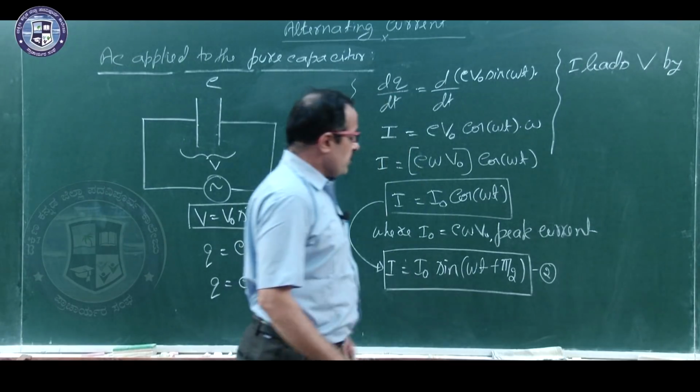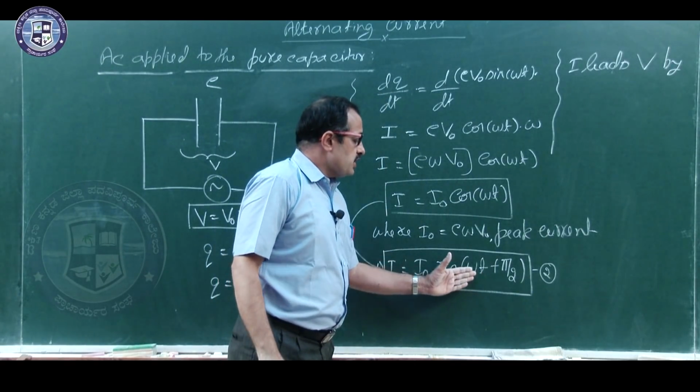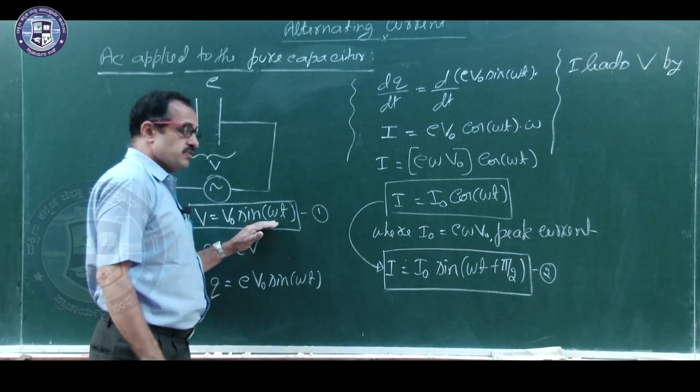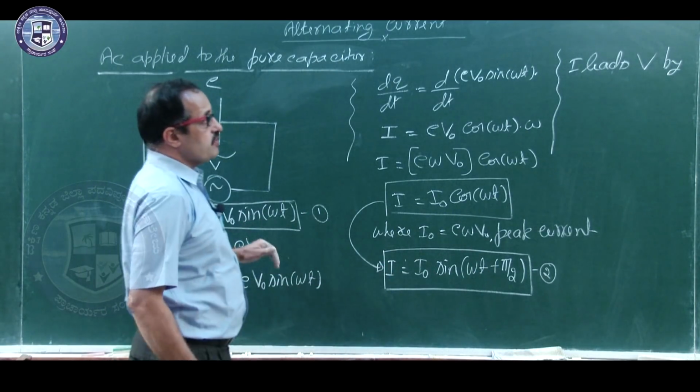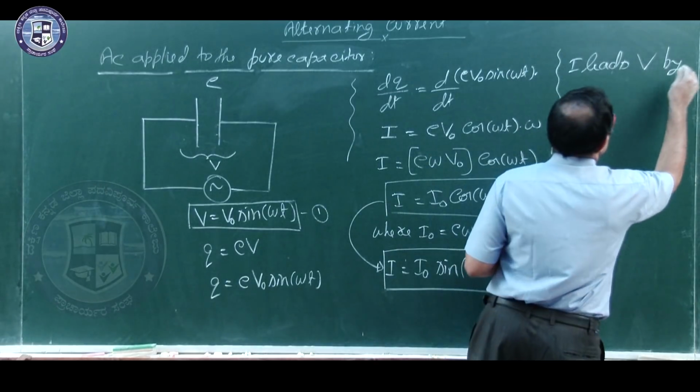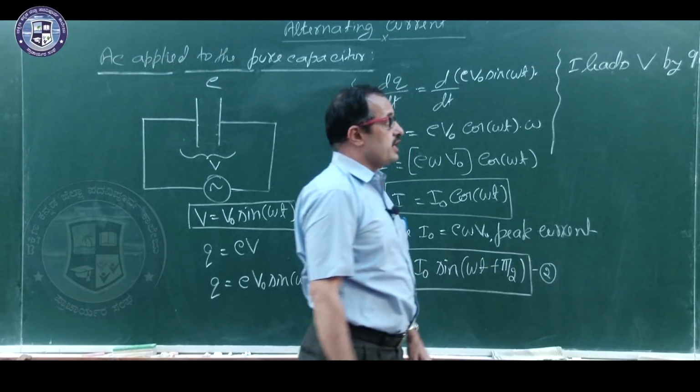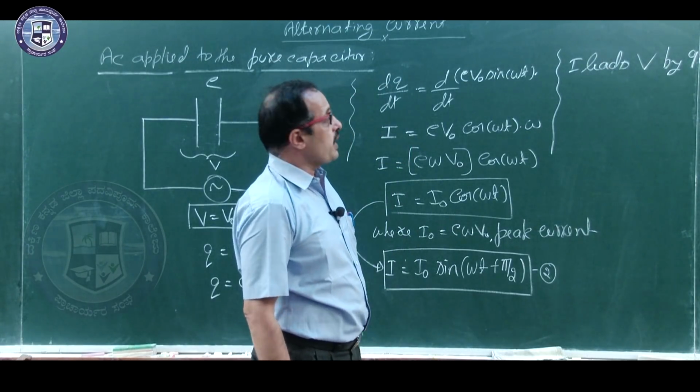What is the phase difference between them? It is omega t plus pi by 2, and this is just omega t. Therefore, the phase difference is 90 degree. Therefore, I leads V by 90 degree or pi by 2 radians. What is another way to explain?